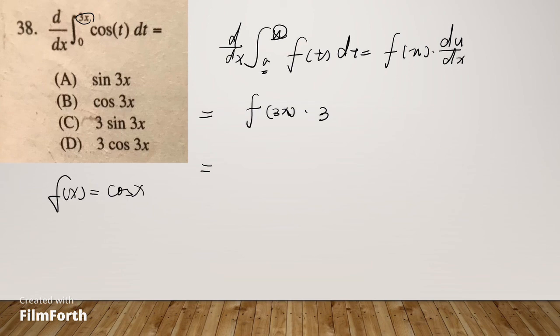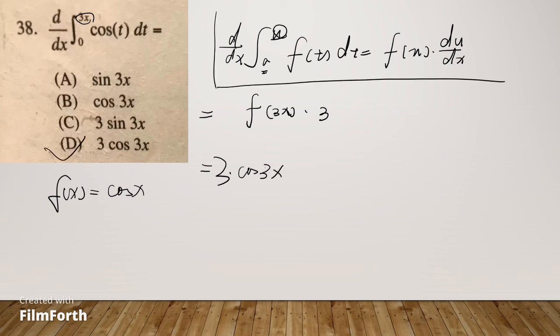So f of 3x equals cosine 3x times 3. So we should choose D. So this formula is very important. You must memorize it. It can make our calculation very easy.